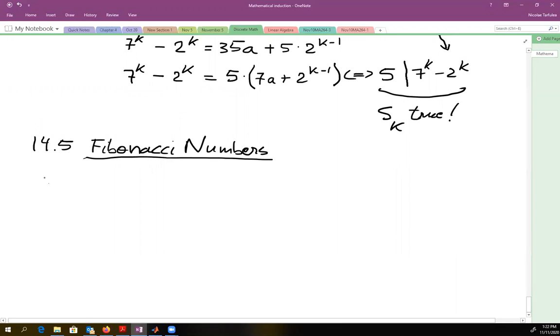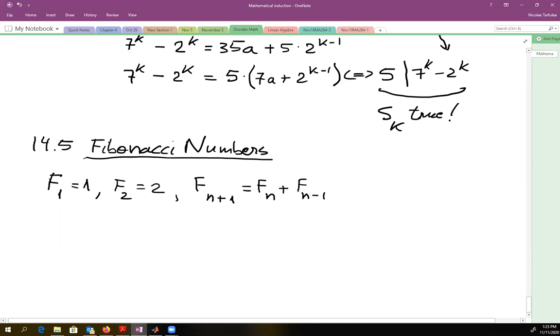So the sequence starts with F1 equals 1, F2 equals 2. These are the first entries of this sequence. And then you have a recursive relation, namely F(n+1) equals F(n) plus F(n-1).